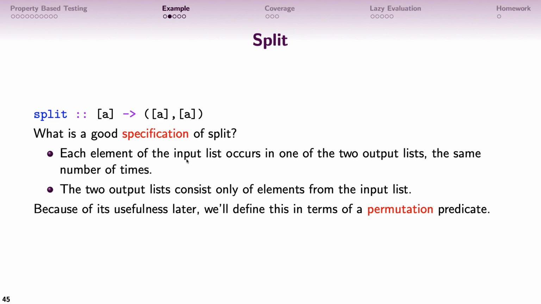The only other thing that we might want to specify about split is that the two output lists are half the size of the input list, but this isn't actually necessary for the correctness of merge sort. The only thing that is necessary to prove partial correctness of merge sort is that split is a permutation. And to prove total correctness, that is that it terminates as well, you just need one of the lists to be a bit smaller. And that's all you need.